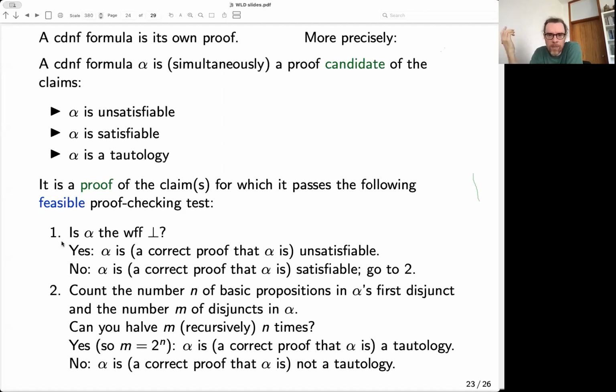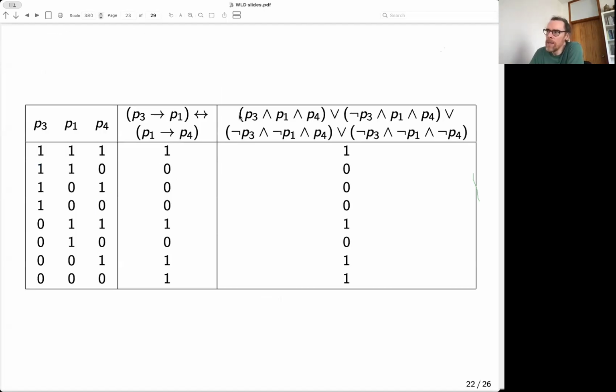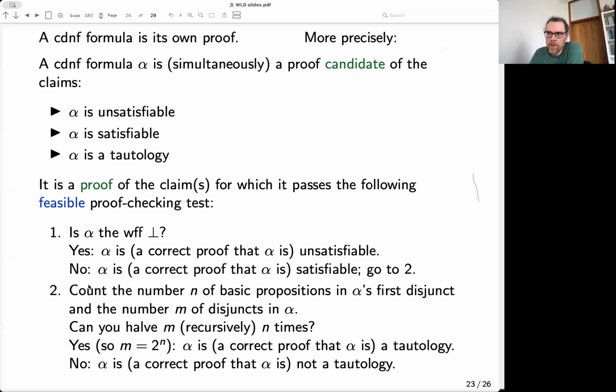Is it the bottom? No. Well, then it's satisfiable. Why is that? Well, because if you go back to the previous slide, if there's even one of these things there, then there's going to be a row on which it's true, namely the one described by that disjunct. Okay, so that tells us whether it's satisfiable or unsatisfiable.